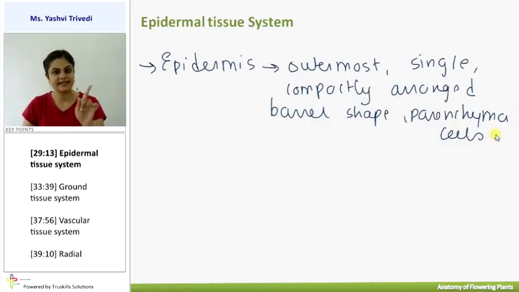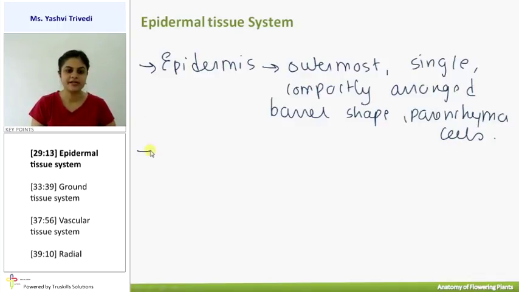So it will be a single layer of cells in the outermost part of any plant part, which can be root, stem or leaf. Single layer of cells will be there, compactly arranged, with no spaces in between. They will be of barrel shape and all of them would be of parenchyma type. So this is epidermis.